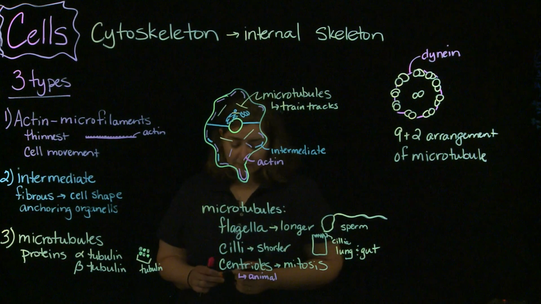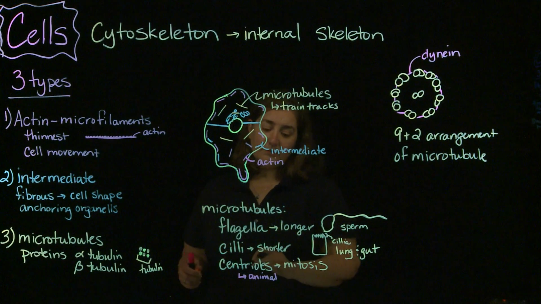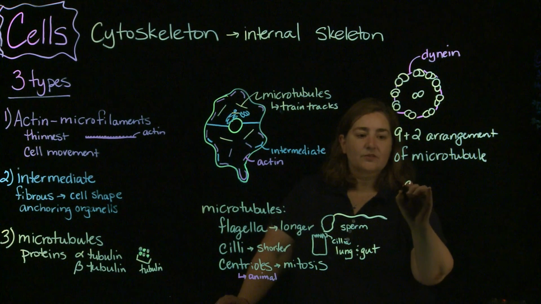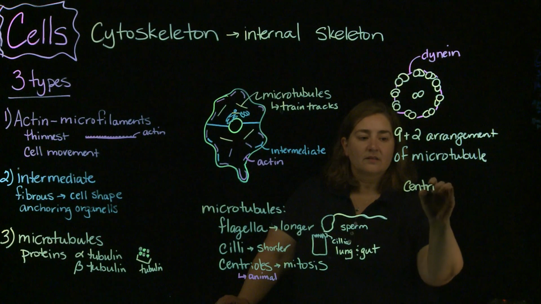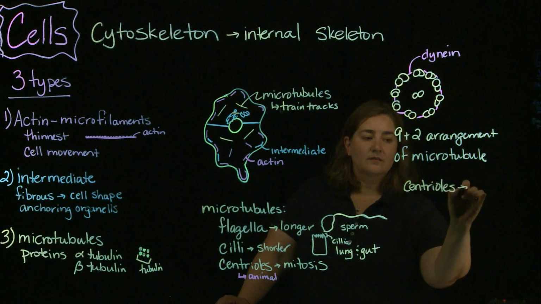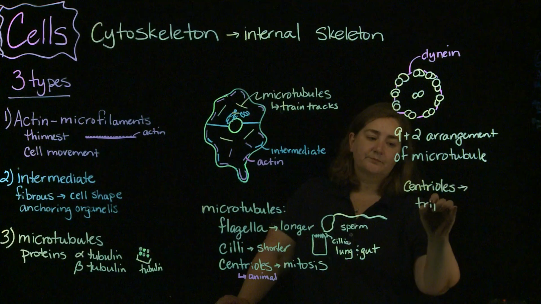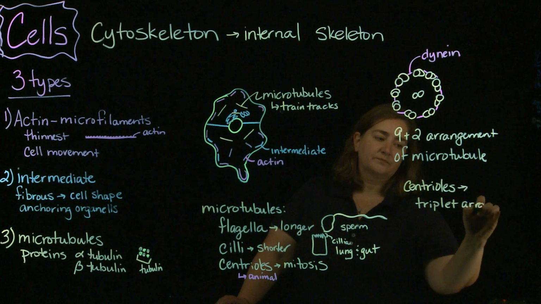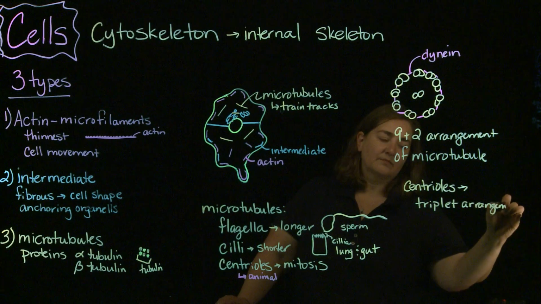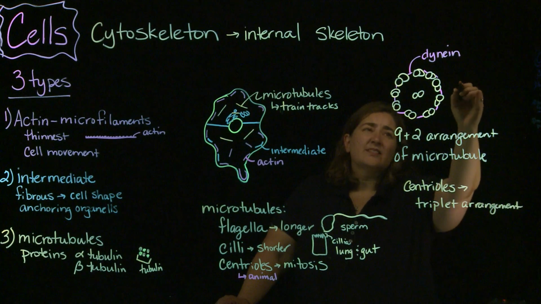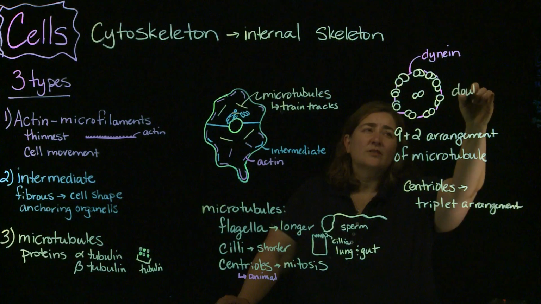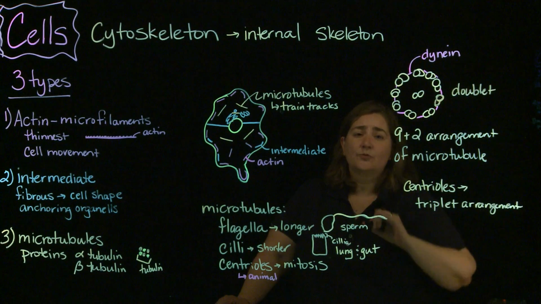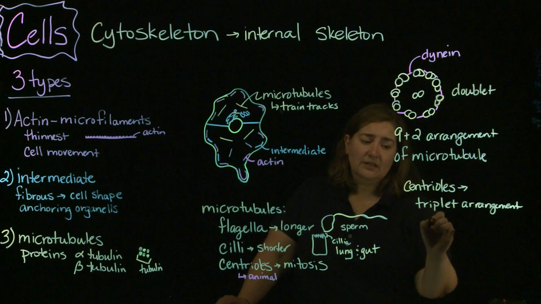Centrioles also are going to be made up of microtubules, but the centrioles have a triplet arrangement. Whereas up here, we had a doublet because we had 2 sets of microtubules linked together.